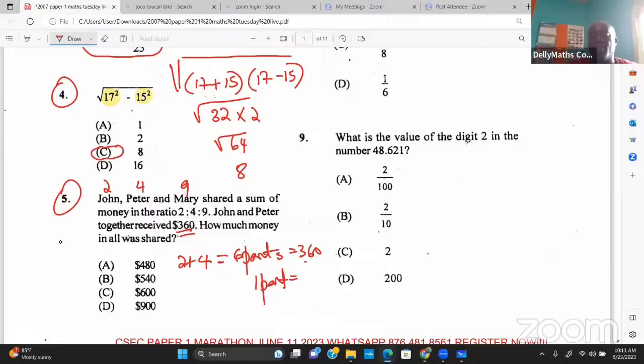So if I divide that 360 by 6, I'm going to get one part to be 60. Now, if I know that one part is 60 at this time, I could find the total by adding up these, and this is going to land me about 14, right? So if I multiply the 60 by the 14, I'll get that answer. That's one approach, all right?